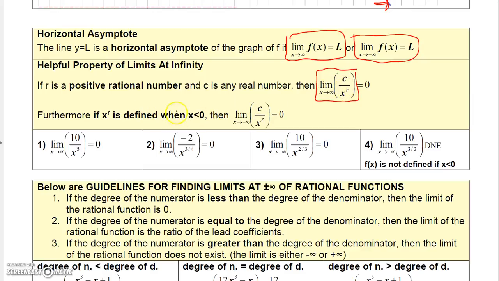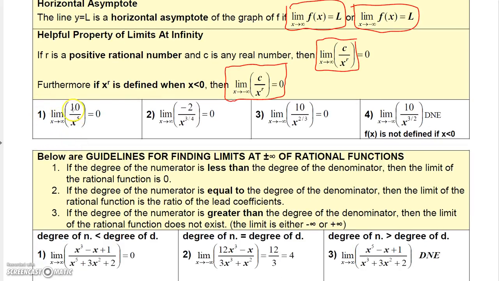And then it's also true if x goes to negative infinity, as long as the power is defined, because some powers aren't defined for negative numbers. But as long as the power is defined for negative numbers, then the limit of a constant over x to the r is always 0, whether x goes to infinity or negative infinity.